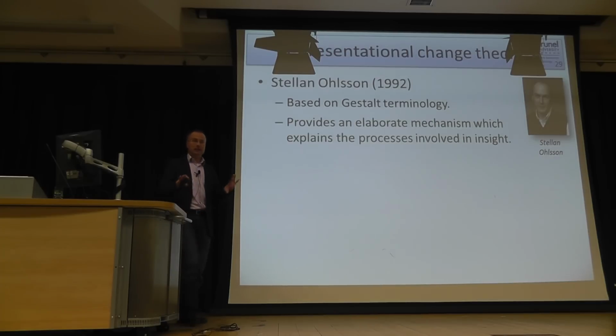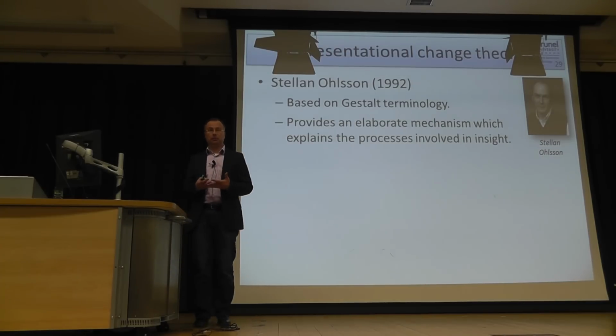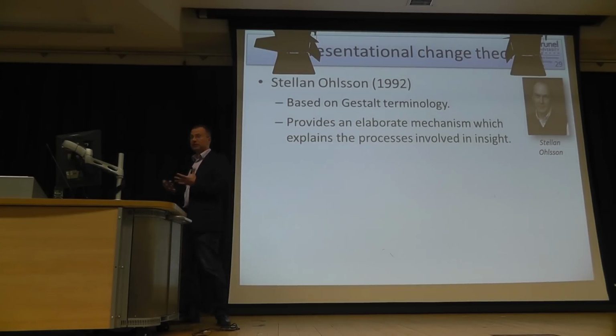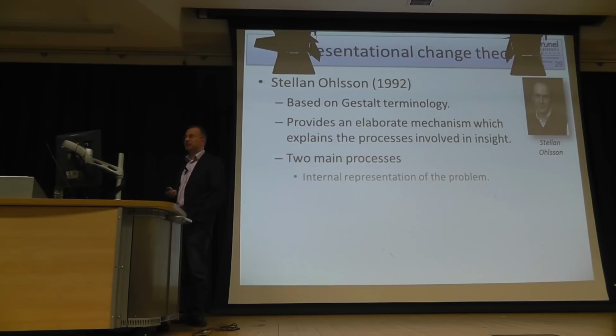However, as I said, it provides better descriptions of what mechanisms are involved in insight. And he proposed two main processes. First is that the internal representation of the problem may need to be changed. And the second one is that so-called constraints need to be relaxed. And we will see examples in a moment.